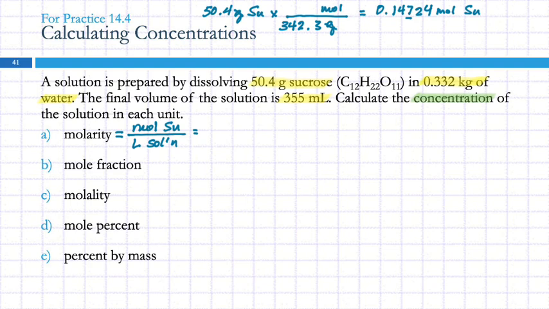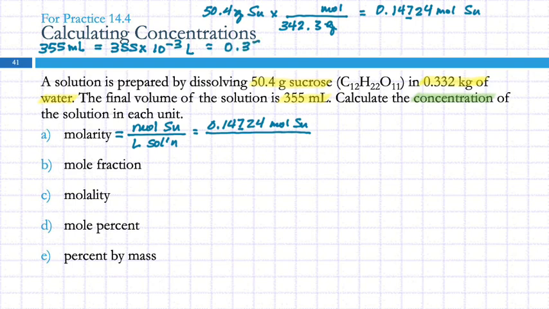So that is the value for the numerator here, 0.14724 moles of sucrose, divided by the volume in liters. Well, they didn't give us the volume in liters, but they gave us the volume in milliliters. 355 milliliters is equal to 355 times 10 to the minus 3 liters. And if you put that in regular decimal notation, you get 0.355 liters.